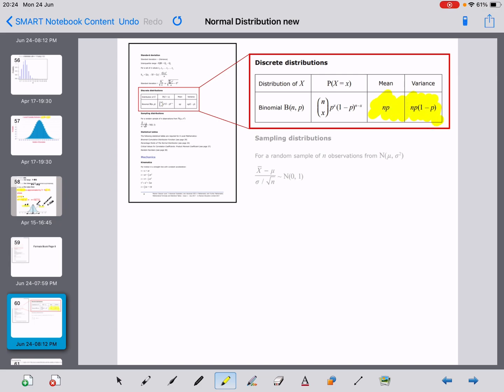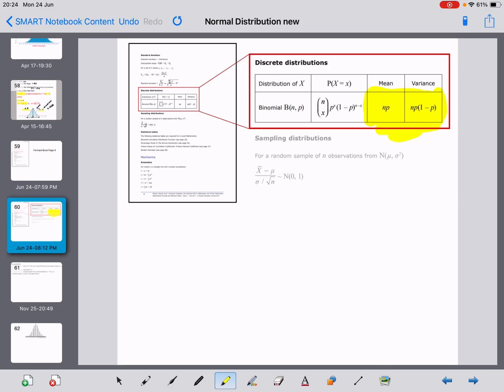There they are. It doesn't explicitly say what it's for, it just says it's for distributions. So it might be worth writing down in your formula booklet that that is what it's for, and then you don't forget. Those two things are for converting binomial to normal.